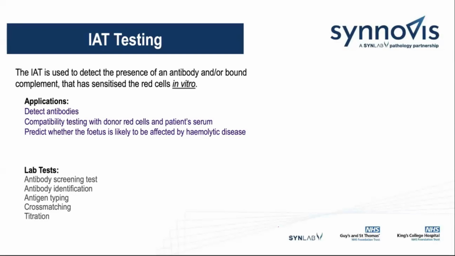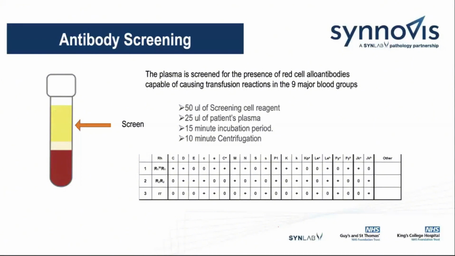We would use that if we are titering to find out the concentration in case of HDFN. We want to monitor how much antibody is present in the mum. The plasma is screened for the presence of red cell alloantibodies capable of causing a transfusion reaction in the 9 major blood groups.